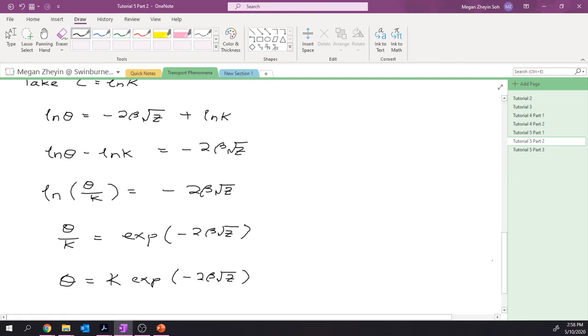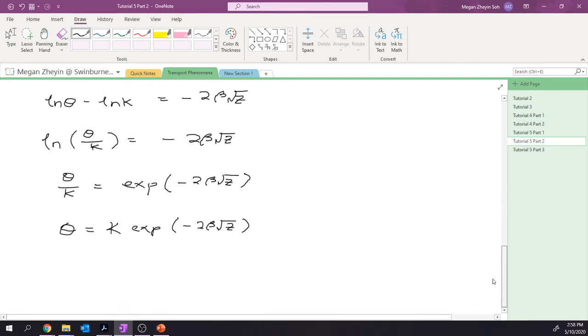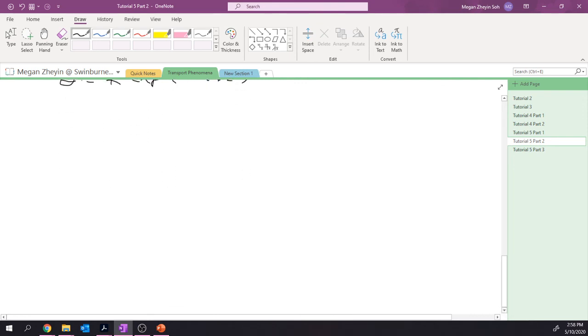Now we can use the boundary condition. At z equals 0, we know that T equals To. Therefore, from our previous variable definition, theta equals To minus Tw, because initially this one was T(z). So when z equals 0, we define it as To.